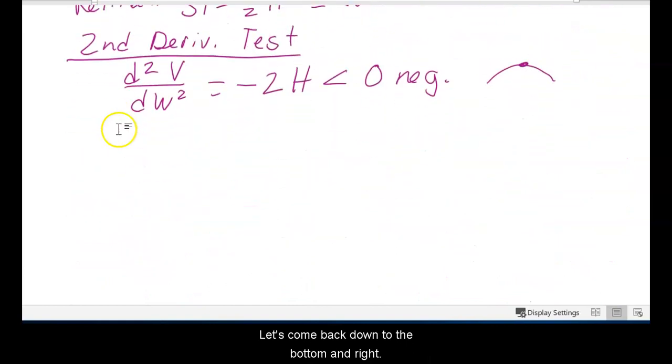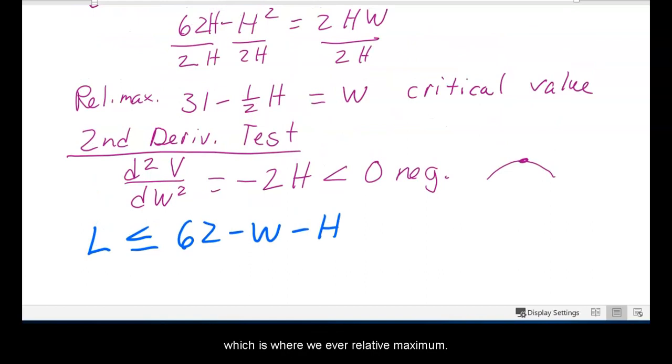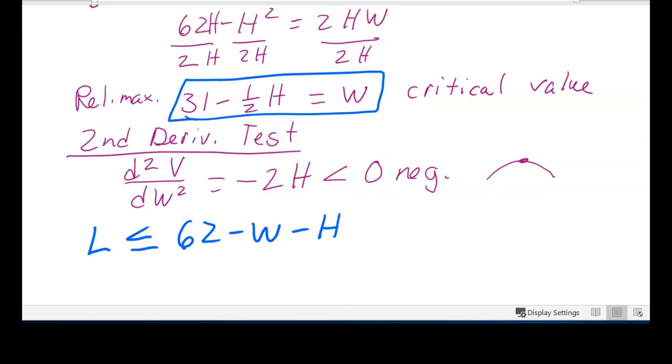Let's come back down to the bottom and write that down again. The length had to be less than or equal to 62 minus w minus h. We need to know what the length is at that critical value, which is where we have a relative maximum. That value is given here, also arranged now in a blue rectangle.